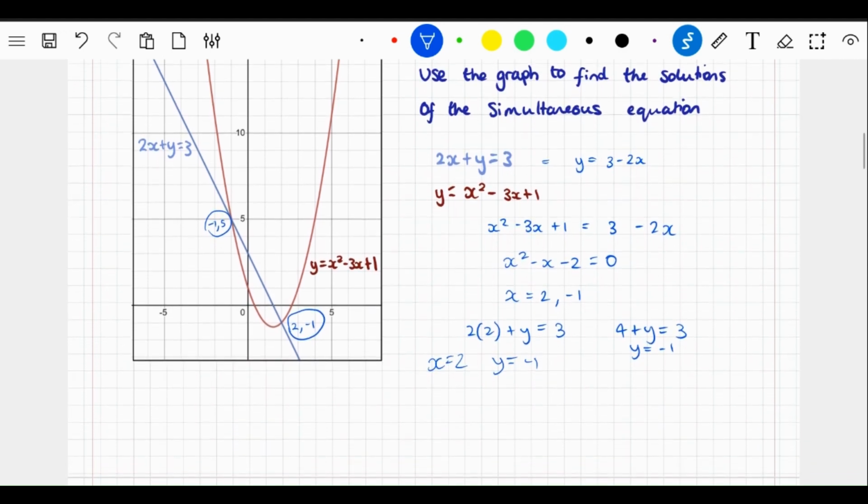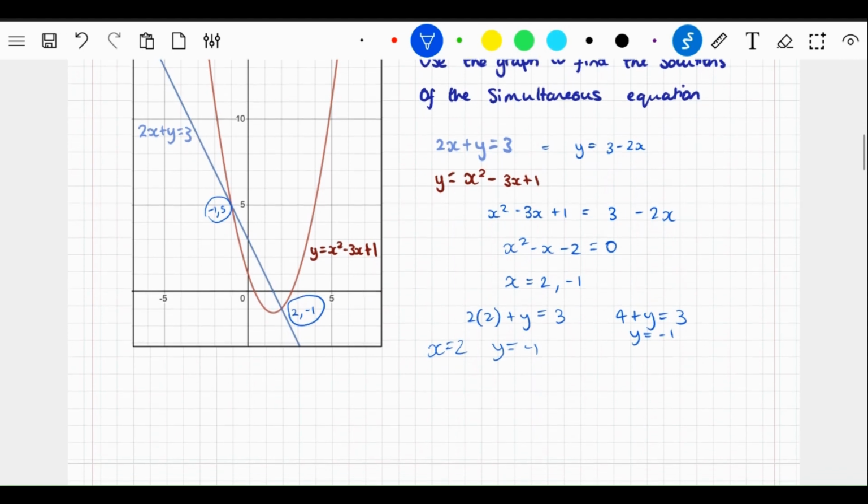Now, if we do the same thing with the other value for x, which is minus 1, so if we sub that back into that top one there, we then get y equals 3, take away 2, that's going to be minus 1 there. So if we do minus 2, lots of minus 1, which is going to give us 2, so 3 plus 2 equals 5, so y equals 5.